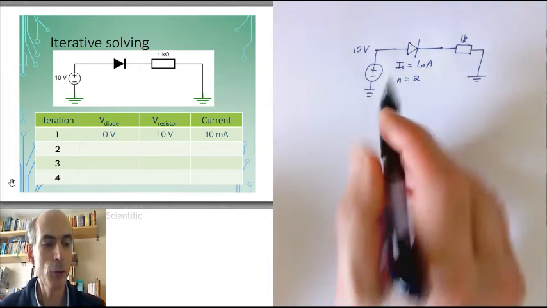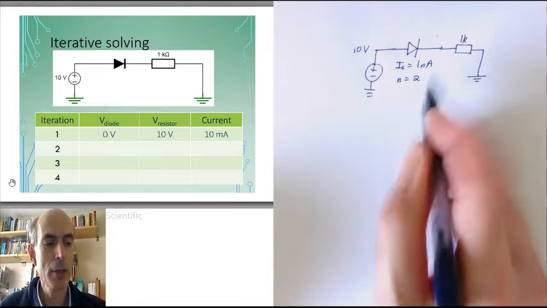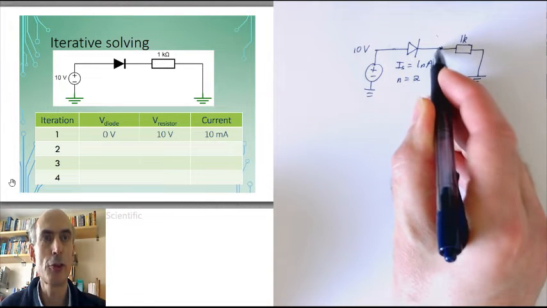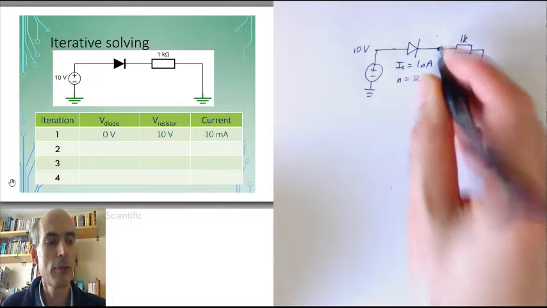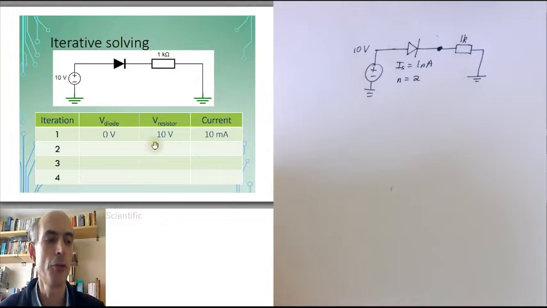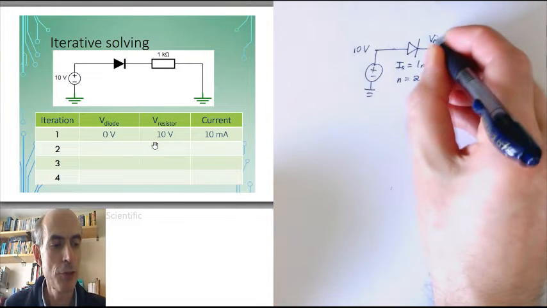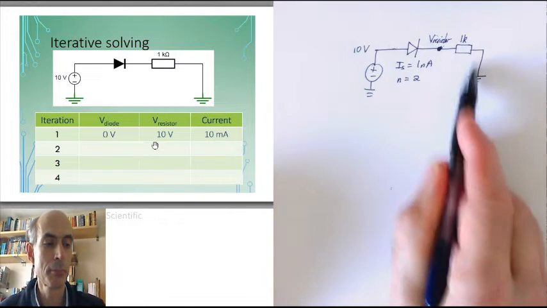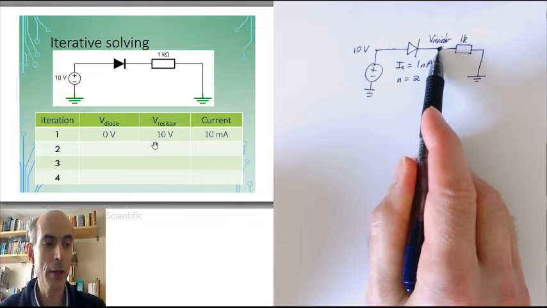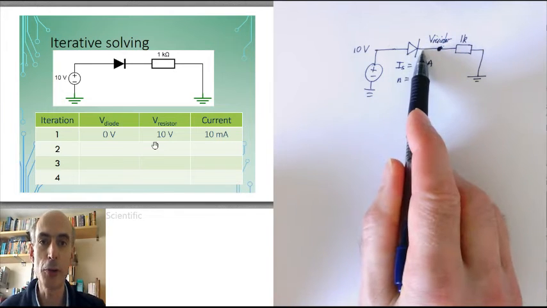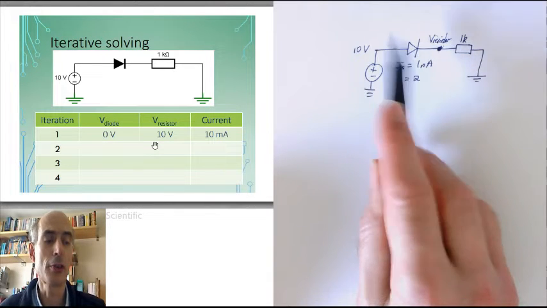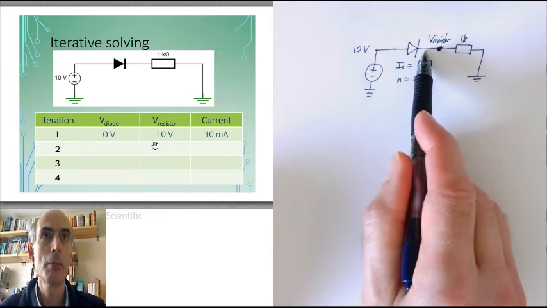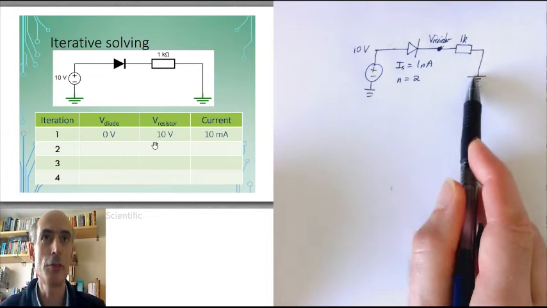Right, if the voltage across this diode is 0, then the voltage at this point in the circuit, which I've called V resistor in the table on the slide, is 10 volts. If this is 10 volts, then I can work out the current through the diode, because I can see in the circuit that the current through the diode must be the same as the current through the resistor.